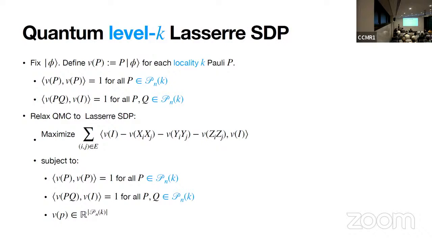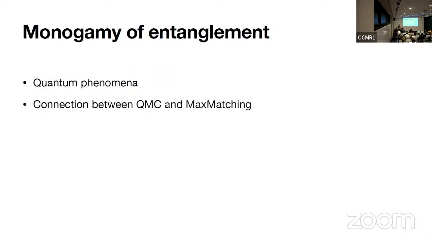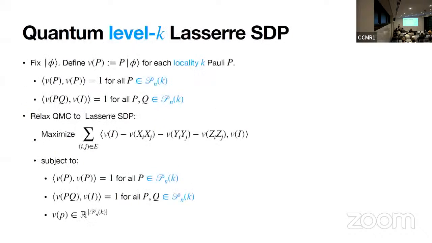But instead of considering the actual vectors I just defined, we could just see them as some vectors in a smaller space, so the dimension is polynomial. So yeah, in this paper, it's exactly the moment matrix.